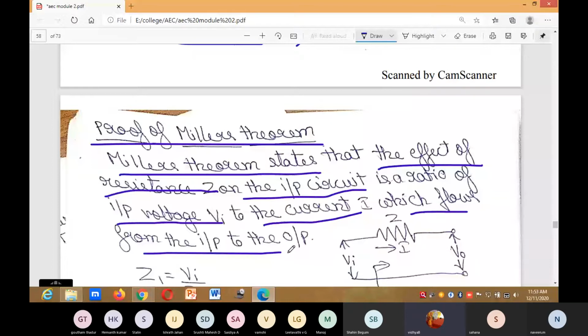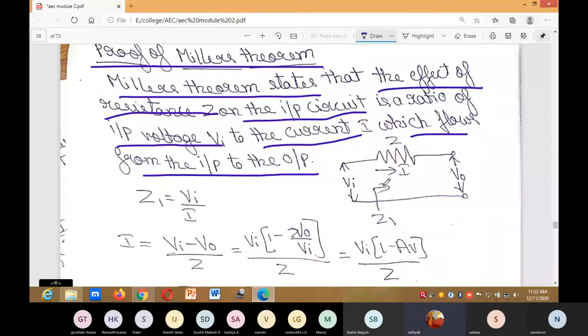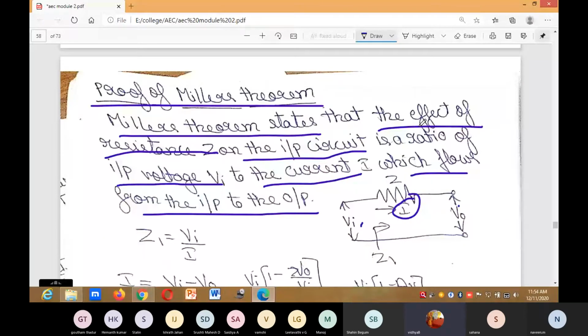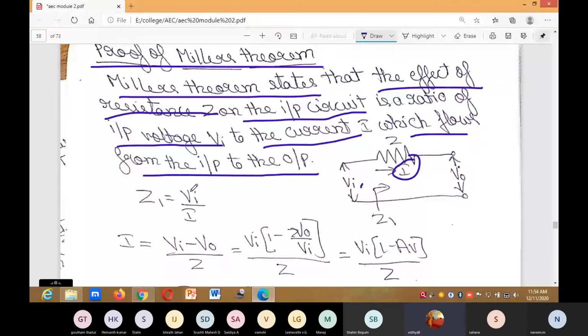You can observe the current I flows from the input side to the output side. Usually we write Z is equal to V by I. From the figure we can write Z1 is equal to input voltage Vi divided by I.